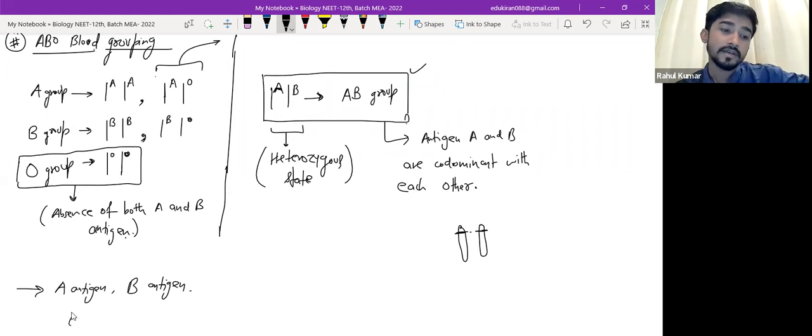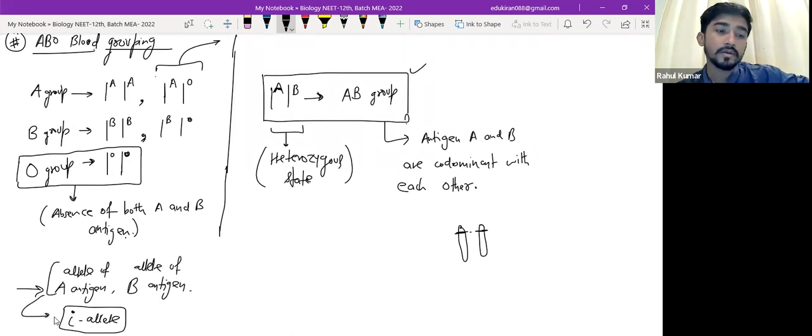So we call it the empty allele or i allele, small i. At the level of alleles, both the A antigen allele and the B antigen allele are dominant over the empty allele. Is it clear?